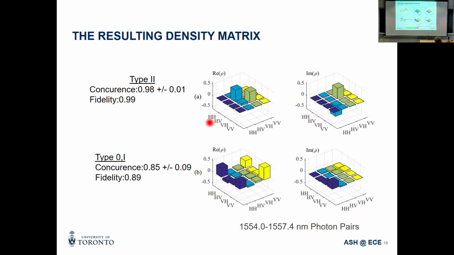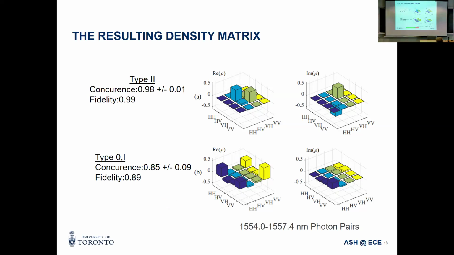For type 0 and type 1, it's not as efficient, but we still do get entanglement, because of the difference in the phase matching, the difference of the spectral bandwidth of the TM compared to the TE modes, and the different Chi2 element for the TM and the TE modes.